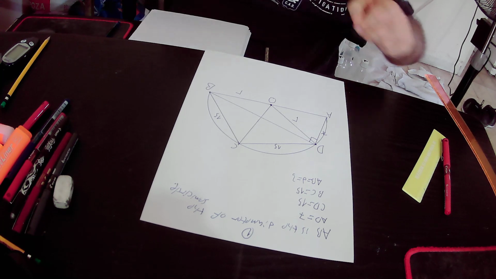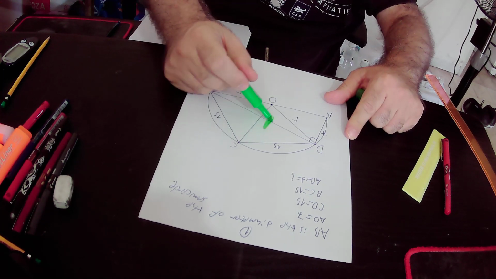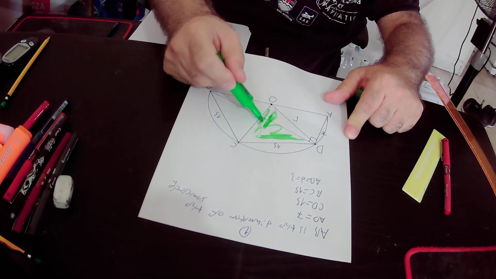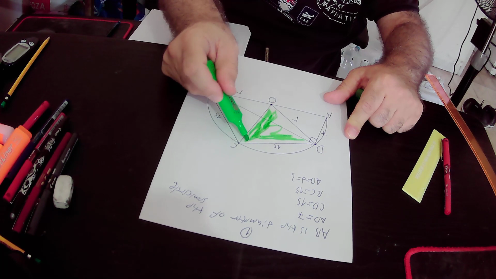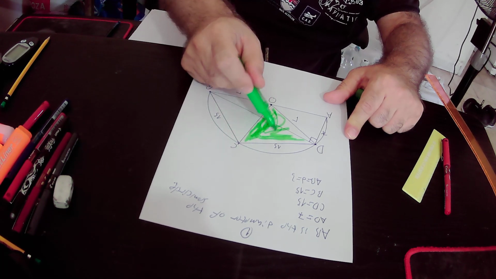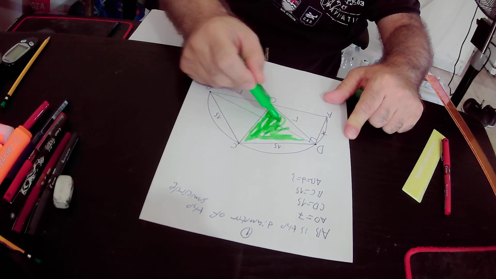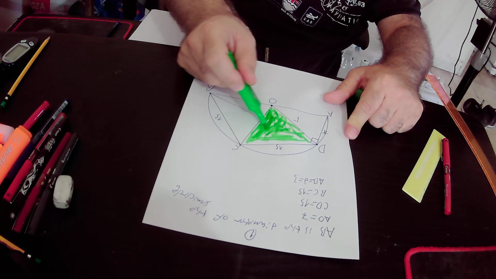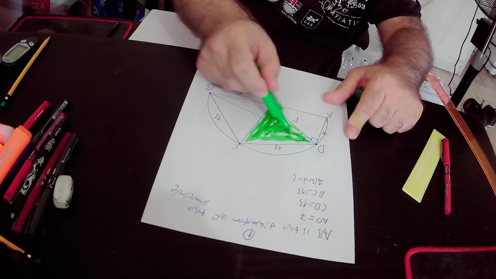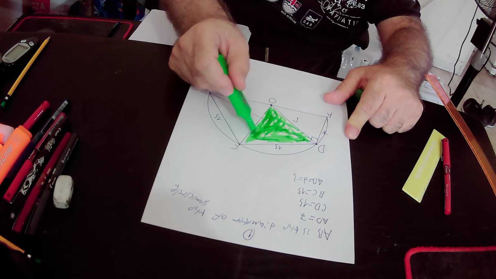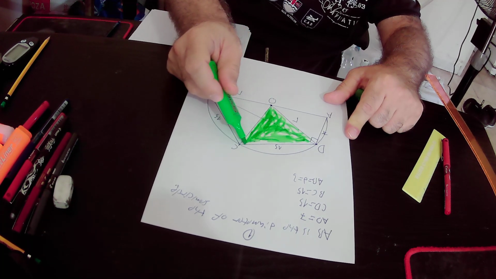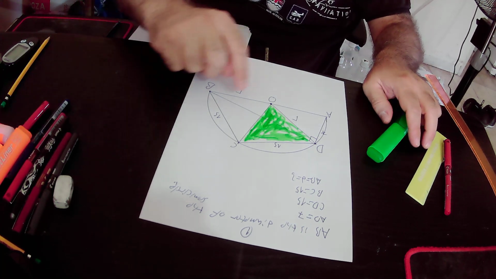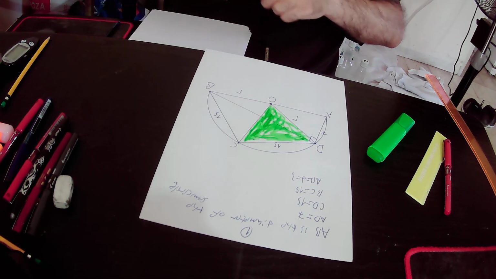So we focus on the green triangle OCD, and we will also focus on the orange triangle.